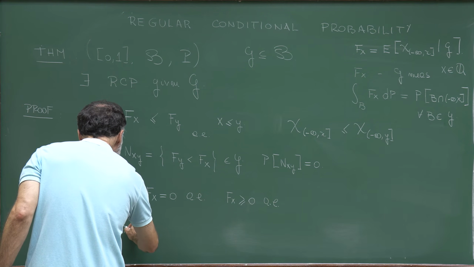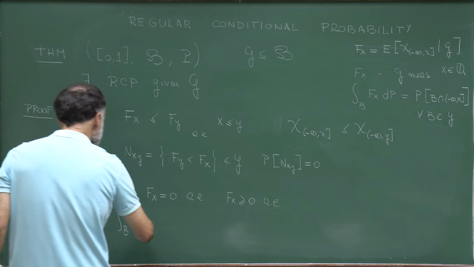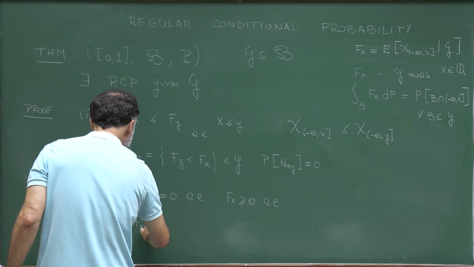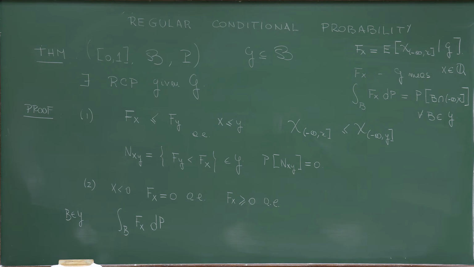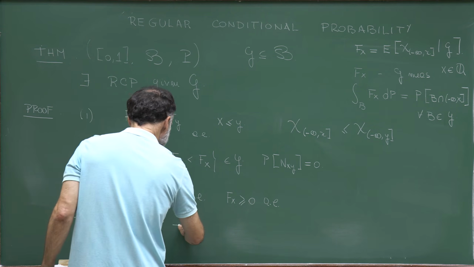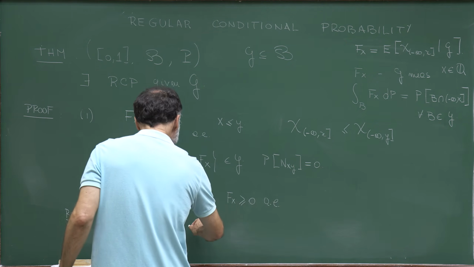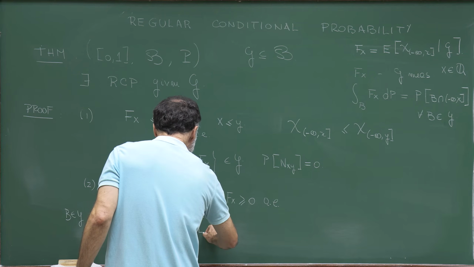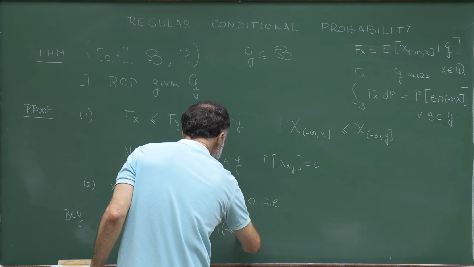Let me take the integral over a set B in G of f_x. Let's recall this identity. This is the probability of B intersected with (minus infinity, x].